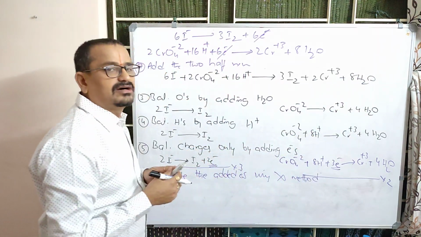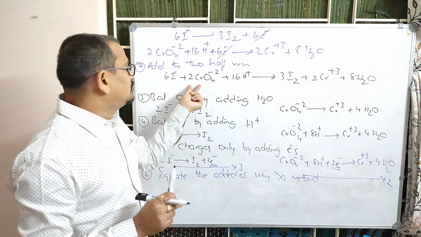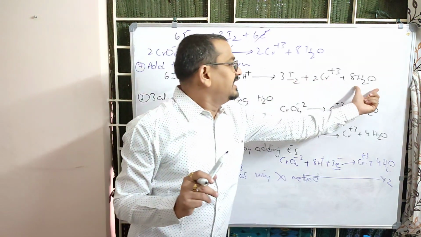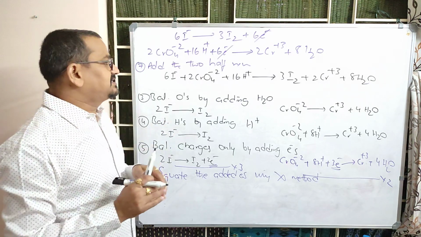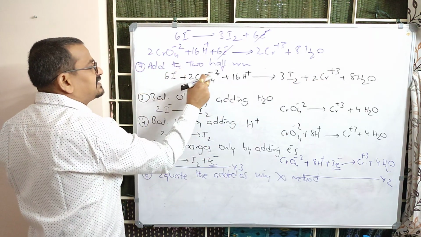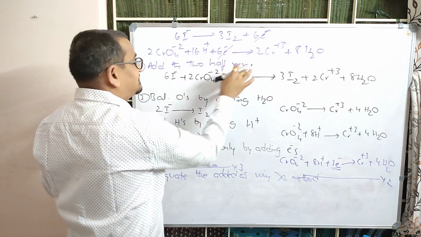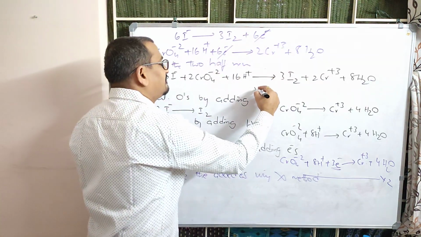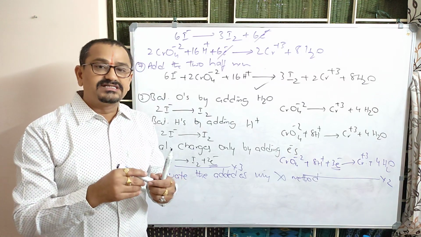Now you can count all atoms, everything will be balanced. 6 iodines, 2 chromiums, 8 oxygens, 16 hydrogens on both sides. Charges also: 10 minus charges and 16 plus charges gives 6 plus charges, and the product side has 6 plus charges. Everything is balanced. So this is how we can balance redox reactions.